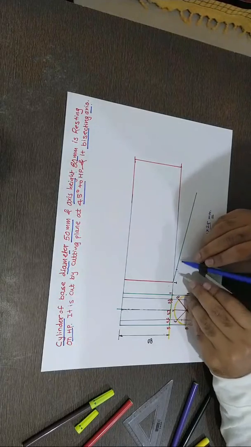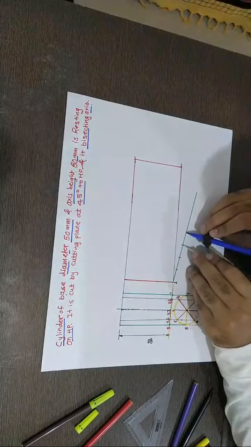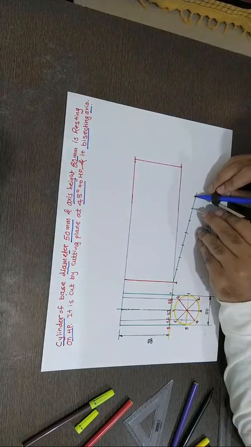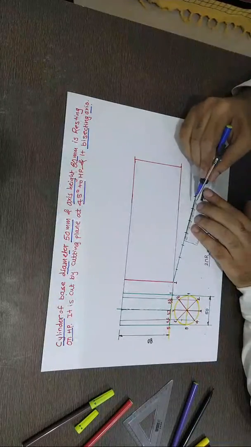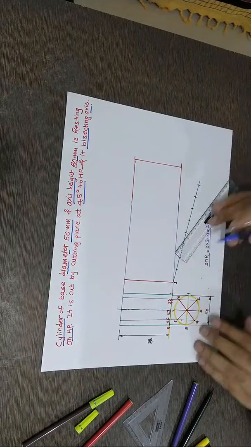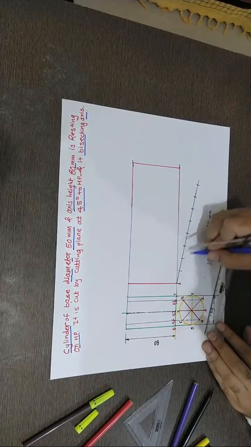So this is the first one, this is 2, 3, 4, 5, 6, 7 and one more I need to mark. And this is the last one, 8. So this is the first, the 0 reference. So 1, 2, 3.